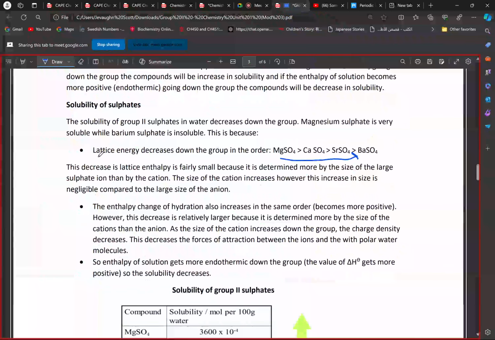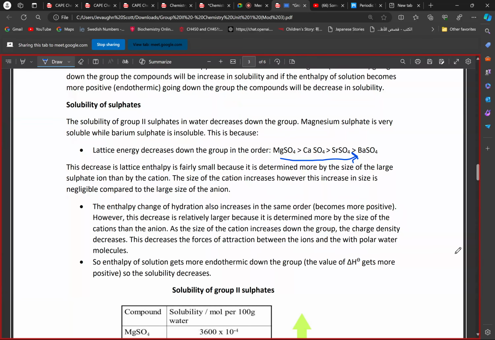And we can make reference to it here: the lattice energy decreases down the group, so we can note the solubility of the sulfates. As you can see here, the solubility of the sulfates actually decreases going down the group. So barium sulfate is more insoluble than strontium sulfate, which is more insoluble than calcium sulfate, which is more insoluble than magnesium sulfate.